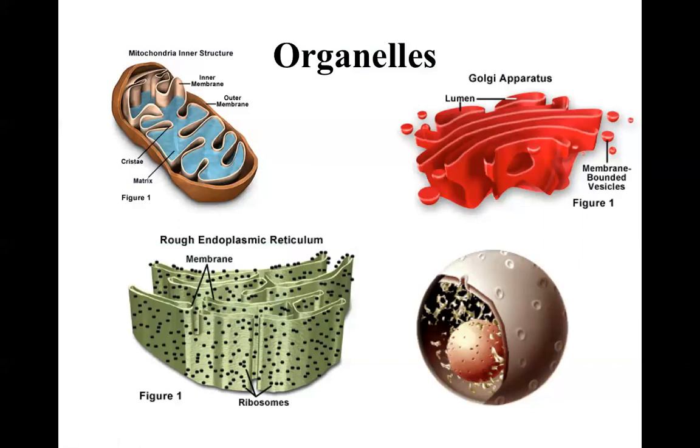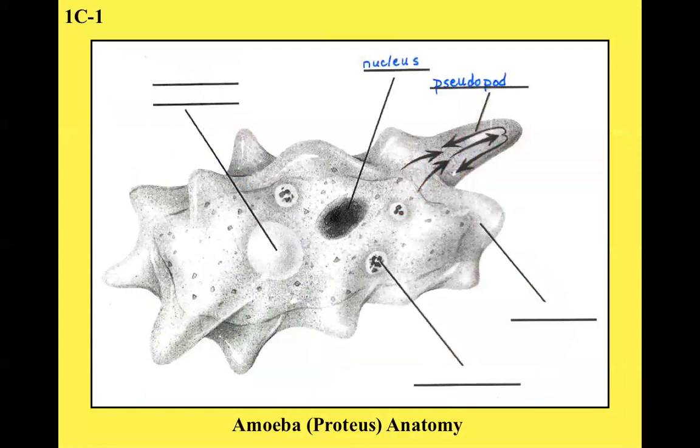The cell is the smallest unit that can survive all by itself, and it is actually the first thing that we can call alive.